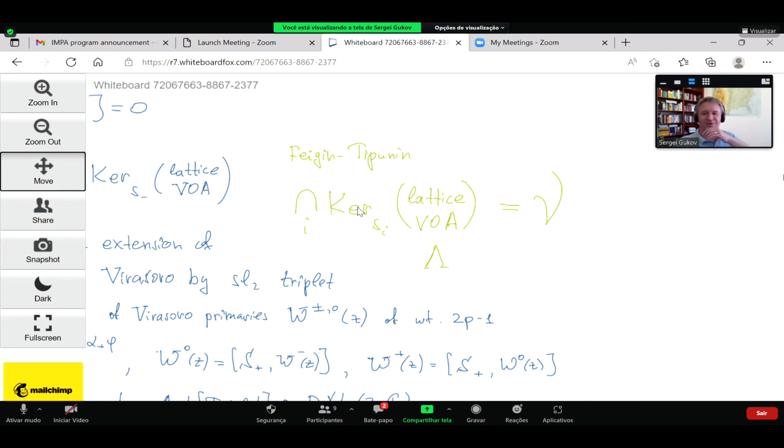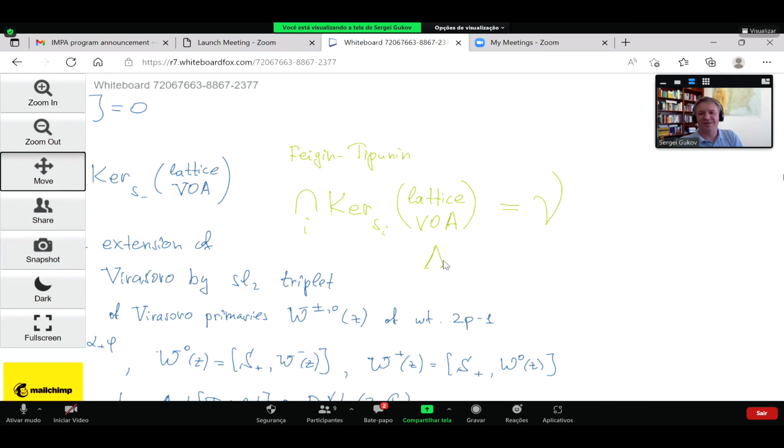So extensions is exactly what you suggested, and here one takes kernels not of a single screening operator, but of a bunch of them. But always, like in the beginning, there is some free theory. Usually there is an underlying lattice, and this theory is a lattice theory.